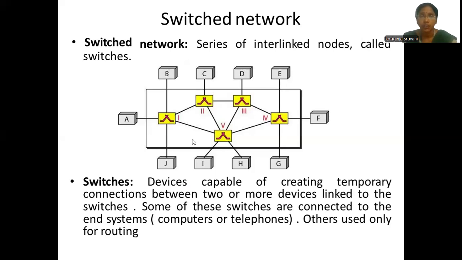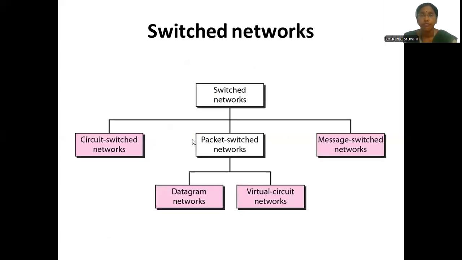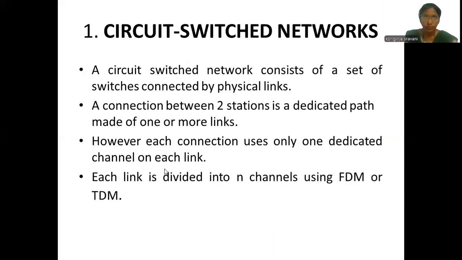We have different types of switched networks. The first one is the circuit switched network, the second is the packet switched network, and the third is the message switched network. A circuit switched network consists of a number of switches connected by physical links. The connection between two stations is a dedicated path made of one or more links.